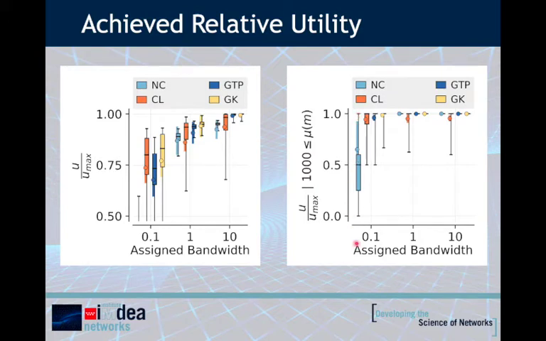As you can see here, essentially the 0.1 assigned bandwidth doesn't allow a given vehicle to download directly all the high impact messages that occur.